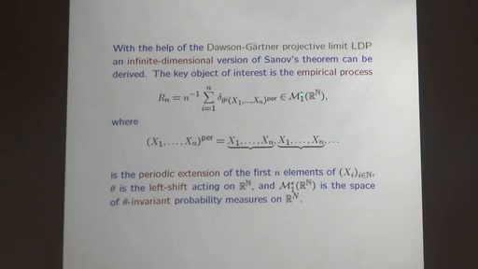Maybe next time I should put a theta up here to remind you that it's invariant under this left shift. But the left shift is a very standard thing. Okay, so this is a subset of all the probability measures. So this is a very rich object. It tells you the entire sample up to where the sample begins.